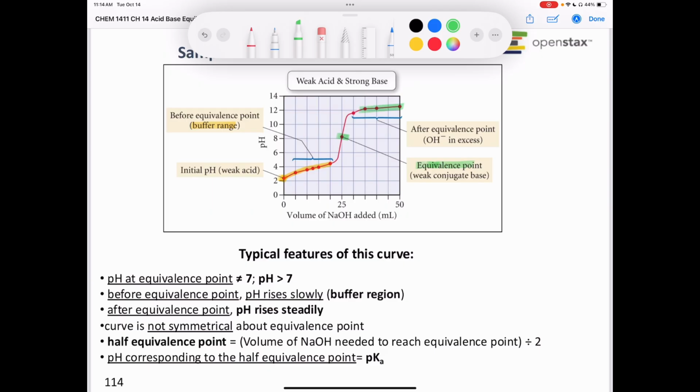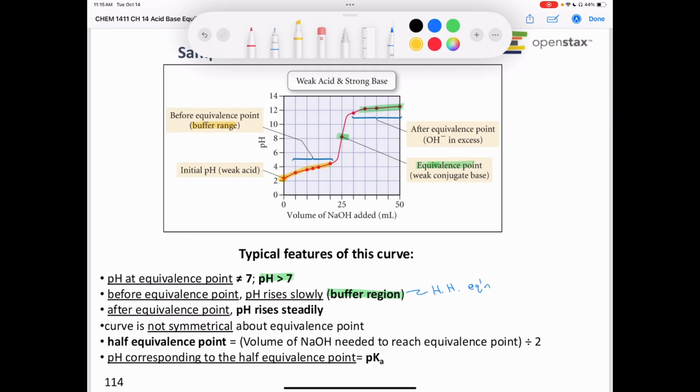So what did we learn? We learned that the pH at the equivalence point, when you're titrating a weak acid with a strong base, is going to be greater than 7. Before you reach the equivalence point, you're going to be in what's called the buffer region, and you can use the Henderson-Hasselbalch equation to solve for pH at that point. The curve isn't symmetrical.